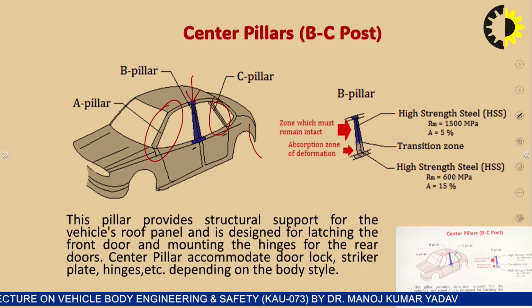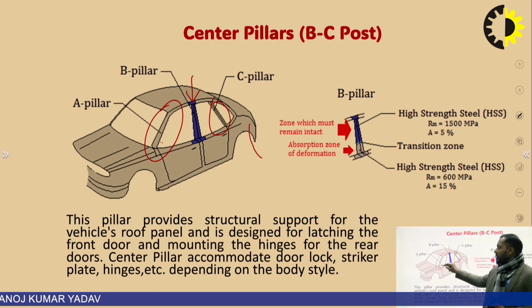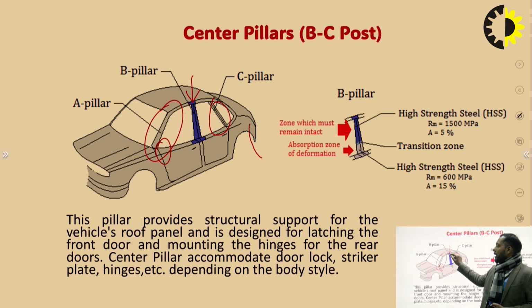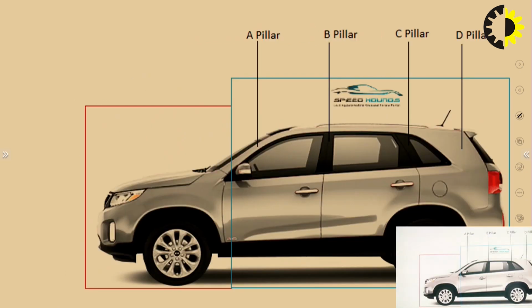So it not only separates the cabins of the car, but also gives support to the roof of the car. It supports the hinges of the door as well as the window rail. So it is a very important part of a vehicle. You can see here in this picture, there are four pillars.